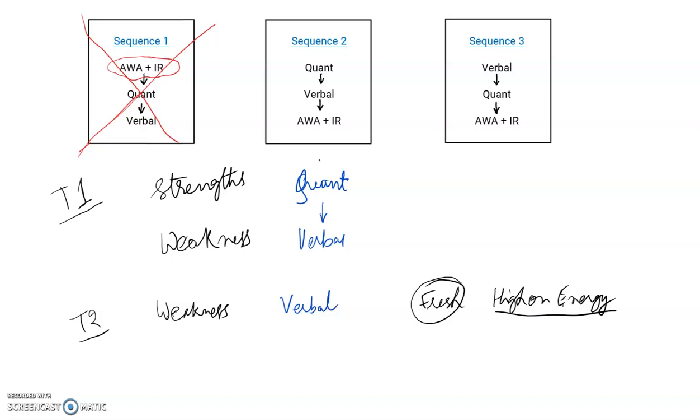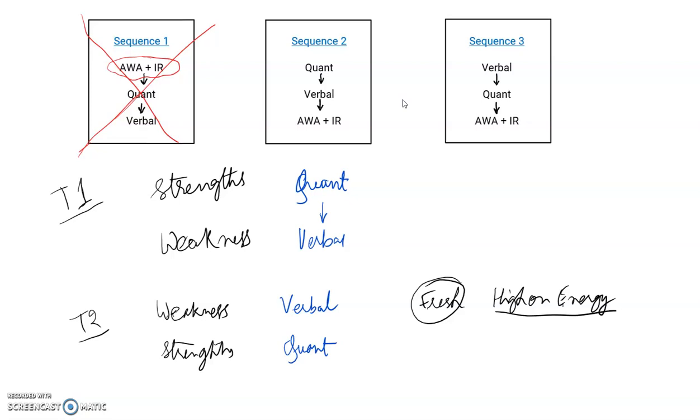Then they say that after doing your weak areas, you should go to your strengths, because you're strong in quant for a reason. If you're strong in something, it means that you can probably manage it with even less effort, even when you are not feeling fresh.